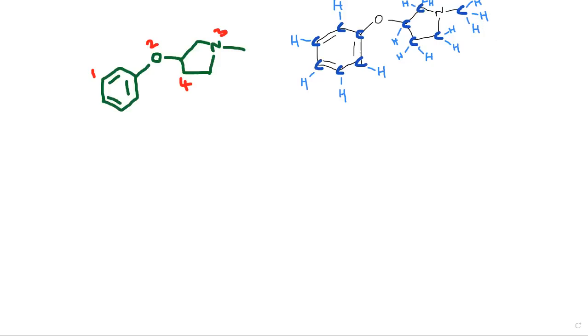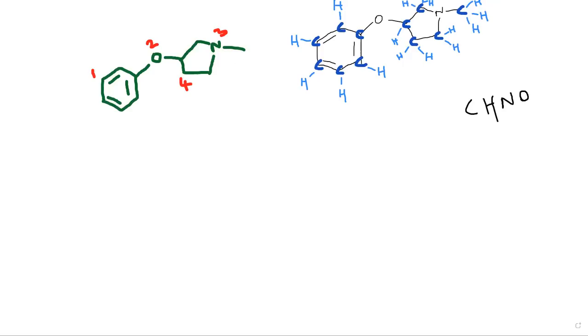Okay, that's the first thing I would do. Take a little bit of time and then draw the Lewis structure of the compound. And that is actually needed, for example, if you have to find the molecular formula of this compound. In the molecular formula of this compound, we have carbons, hydrogens, nitrogens, and oxygens.